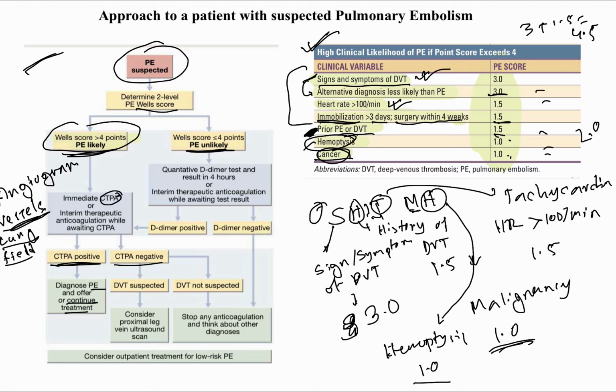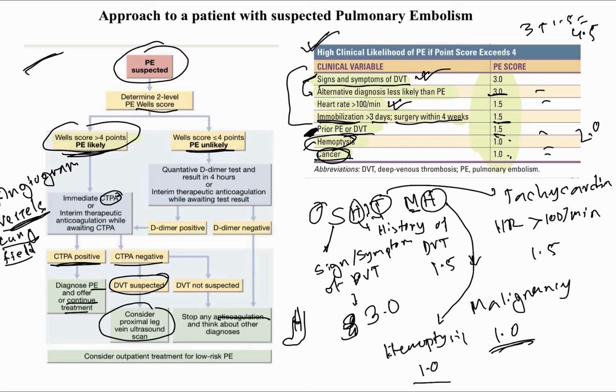So if deep vein thrombosis is suspected, then we have to perform a proximal leg vein ultrasound. If we do an ultrasound of the leg vein, it will allow us to see if there is deep vein thrombosis there, and it will allow us to assess the risk of that patient having a pulmonary embolism in the near future. If DVT is not suspected, then we do not have to give any treatment.